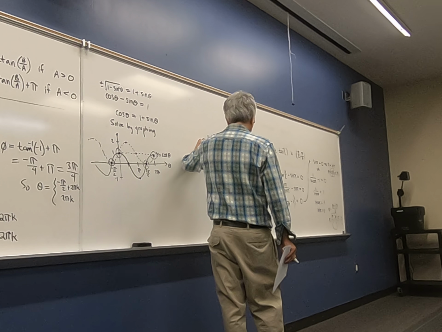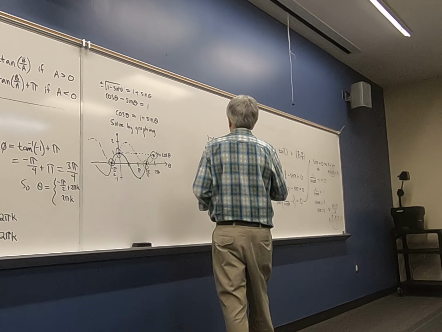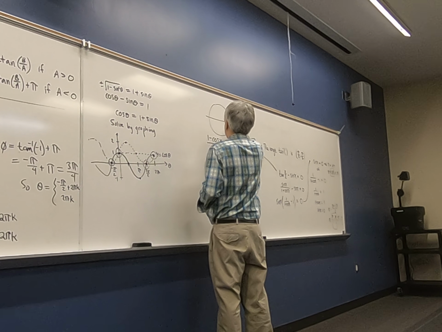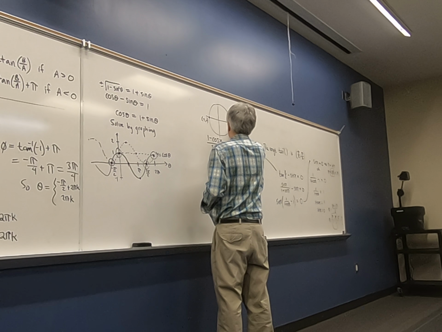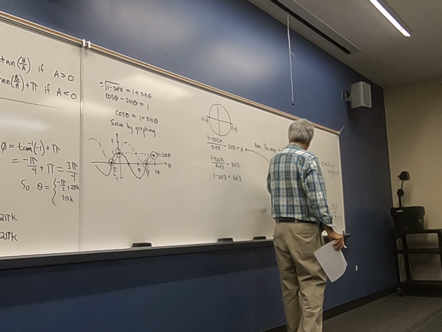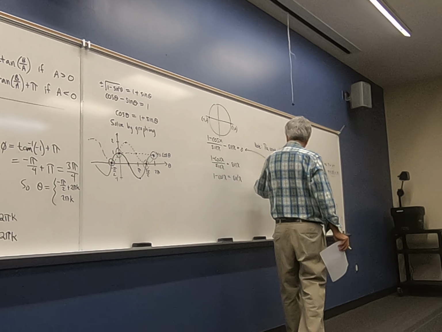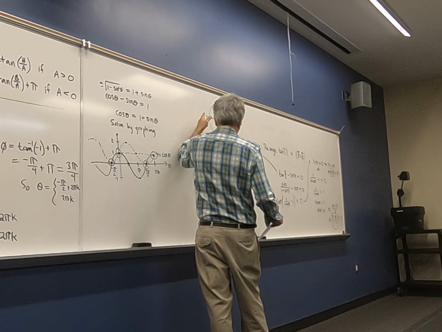And those are potentially different places, right? Here the coordinates are negative 1, 0. Here the coordinates are 1, 0. So cosine is negative 1, that's not good. But cosine can be 1, in which case sine can be 0. And over here is good, but over here is not. I don't have to tell you.